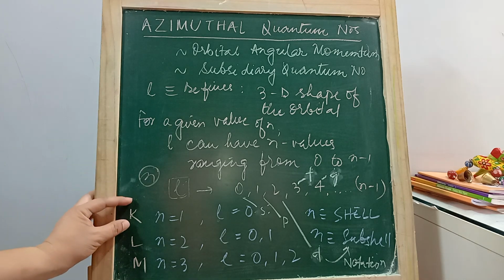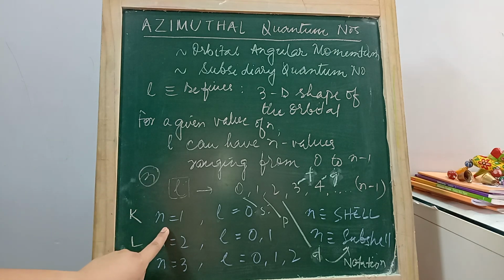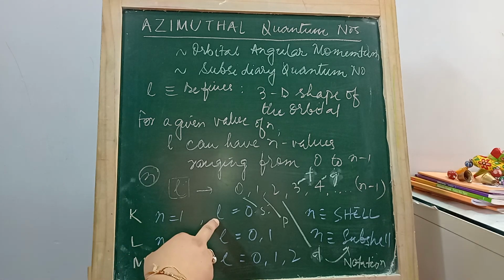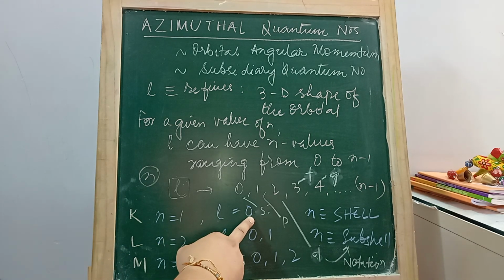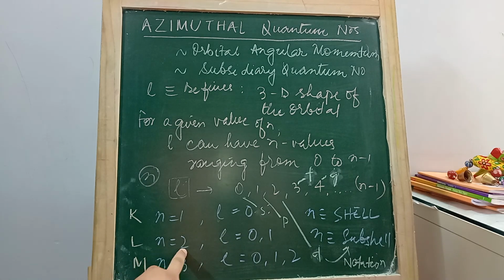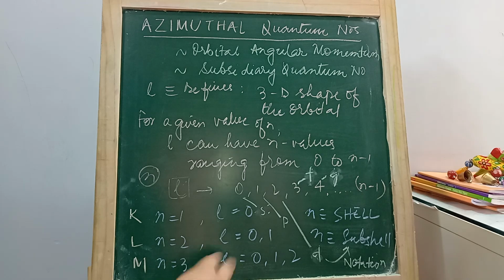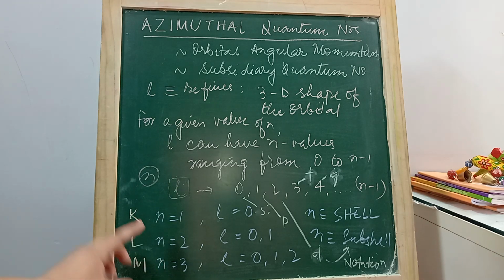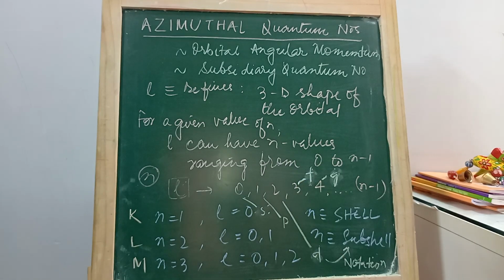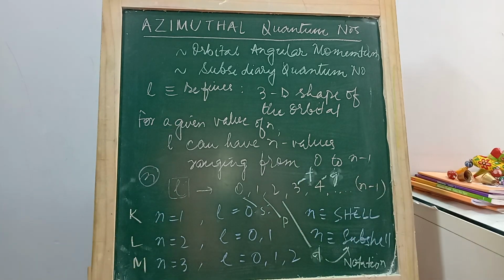So that means for the K shell, for n equal to 1, the only possible value of l is 0. For n equal to 2, l will have values 0 and 1, 2 values. For n equal to 3, l will have 3 values: 0, 1, and 2. The principal quantum number determines the shell, the first shell, the second shell, the third shell.